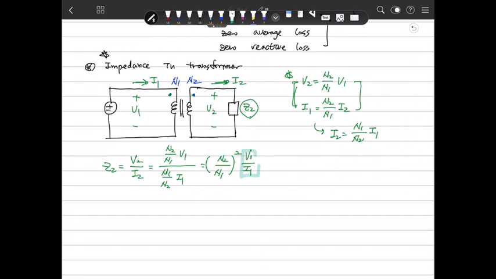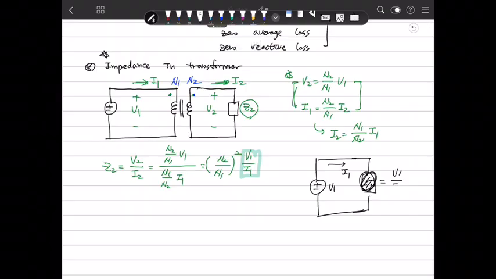What's the meaning of this? Here, V1 and I1, there's some impedance. This is V1 divided by I1.